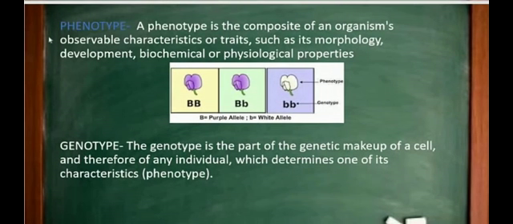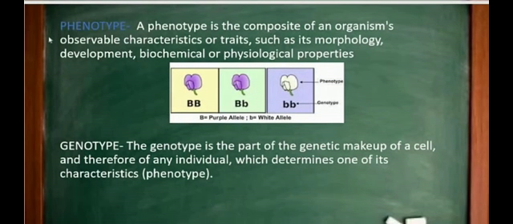Means whichever characteristic we can observe, we call it phenotype. And genotype is the part of the genetic makeup of the cell of any individual which determines one of its characteristics. It is the genetic makeup of the cell which goes inside the body.